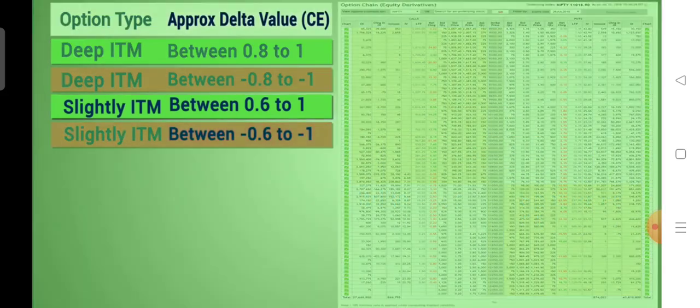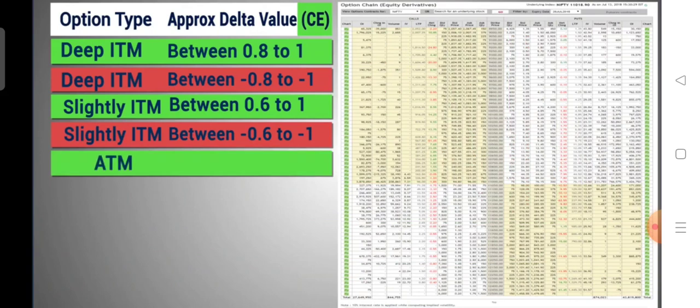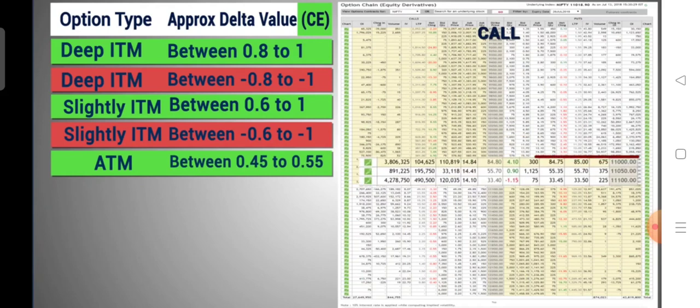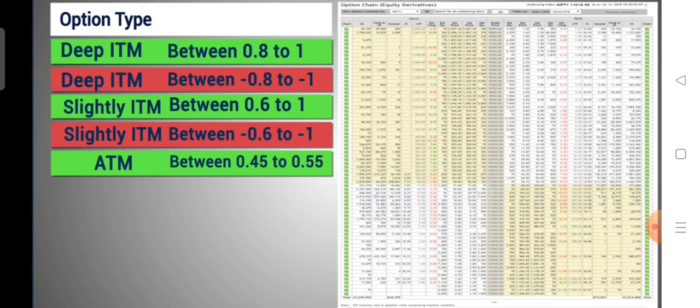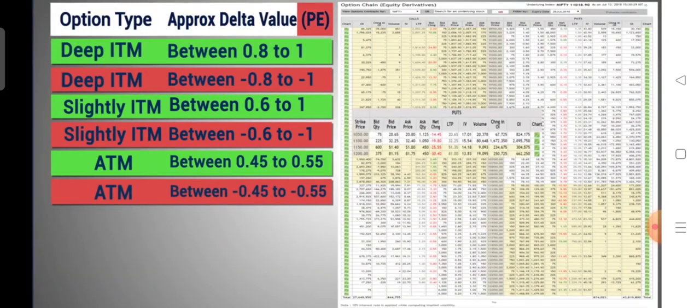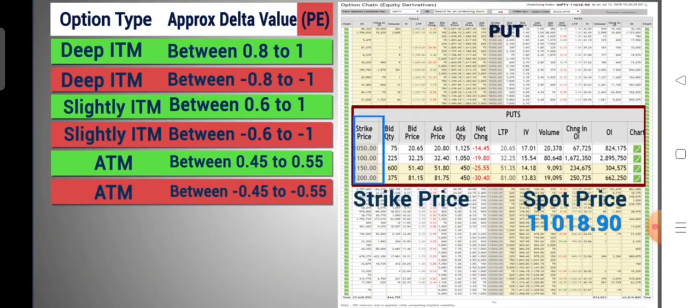If we are considering an at the money option, the call option delta normally varies between 0.45 to 0.55, whereas in case of put option it is minus 0.45 to minus 0.55.